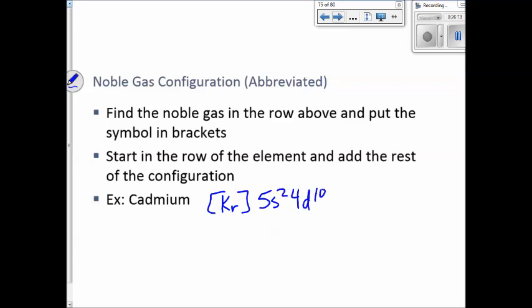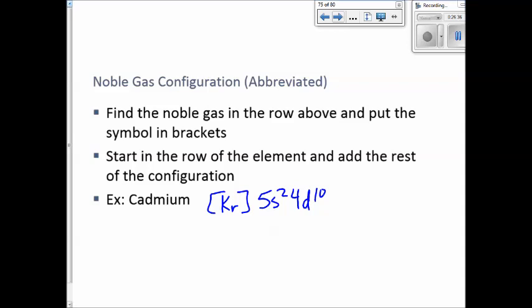So this would be the abbreviated configuration for cadmium. Now, abbreviated configurations aren't all that abbreviated at the top of the chart, but when you get down to elements like barium and so forth, then you're going to have some serious, huge, long configurations, so the abbreviated ones help. Okay?